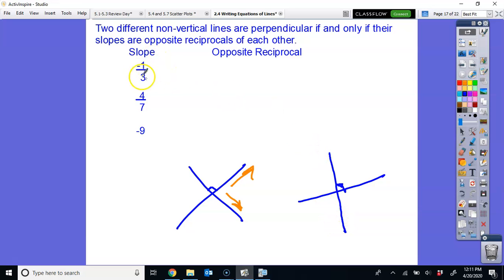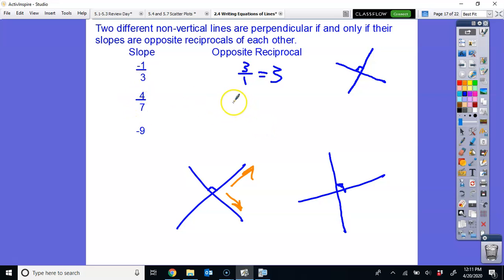So the opposite and reciprocal of -1/3 would be +3/1, or 3. So if you have a line that's going down 1/3, really, not very steep at all, and then you have a perpendicular line that's going up 3/1, that is going to be a steeper line going up. So it's opposite and reciprocal.